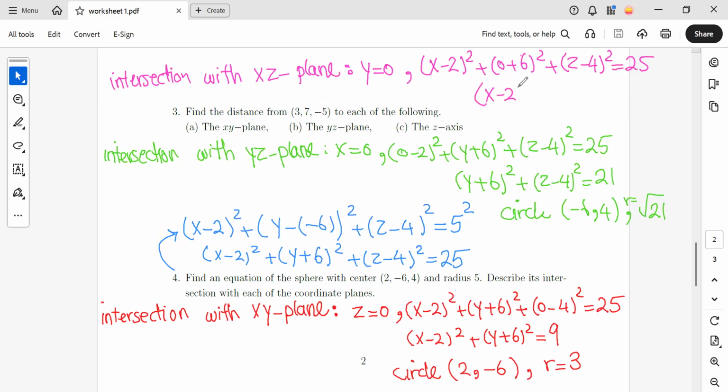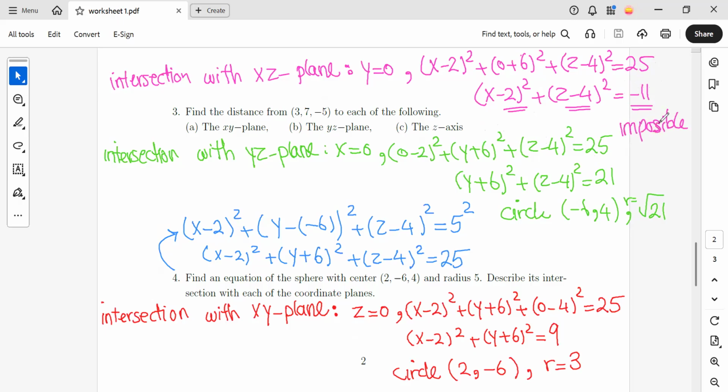That would be (x minus 2) squared plus (z minus 4) squared equals 25 minus 36, since 6 squared is 36, which is -11. Maybe we expected to have a circle here, but two square values, which are supposed to be at least 0 or positive, cannot be added up and the result be a negative number.